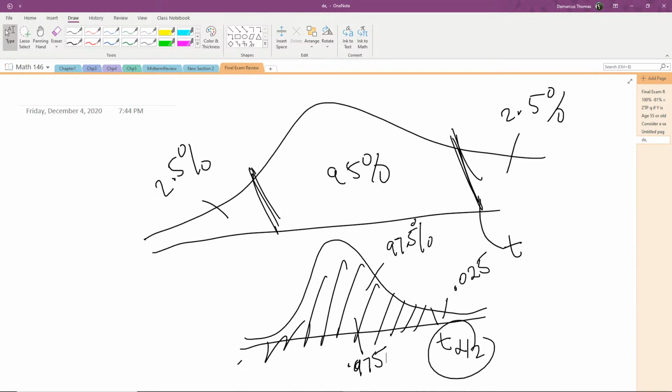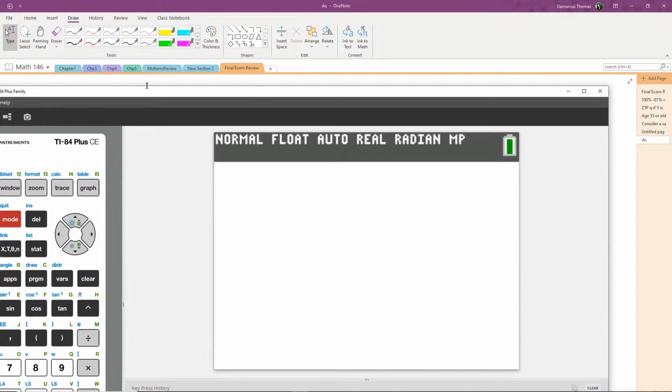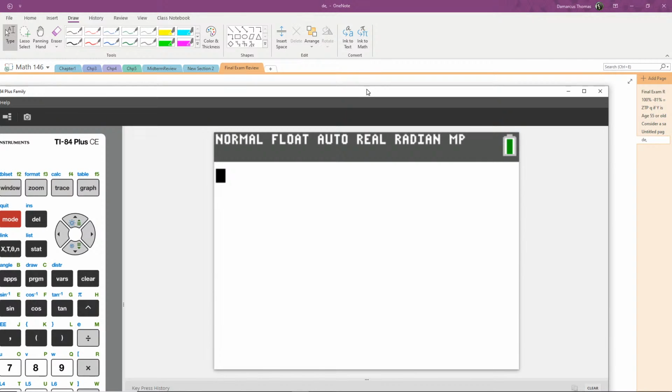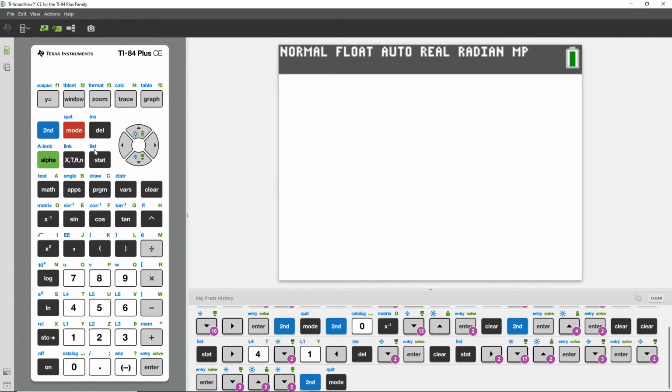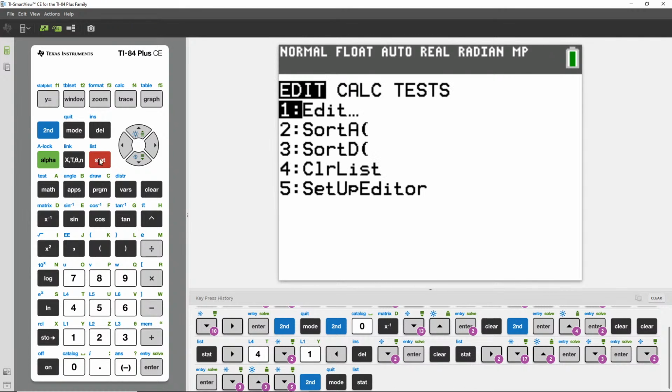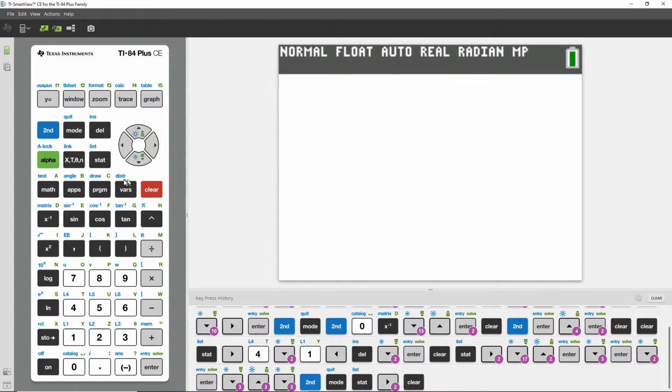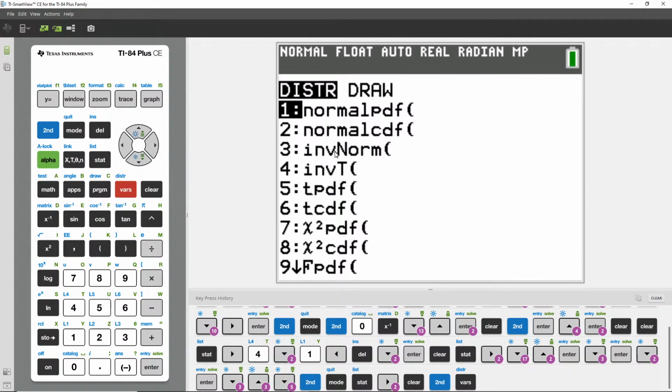So what I'm going to do is use inverse t now. I may not even have this type of problem on the test because some people might not have inverse t. If you don't have inverse t, go to second distribute, and inverse t should be under inverse norm.